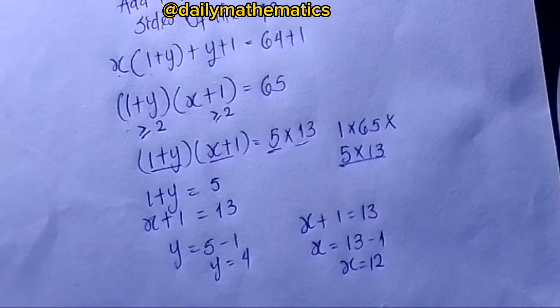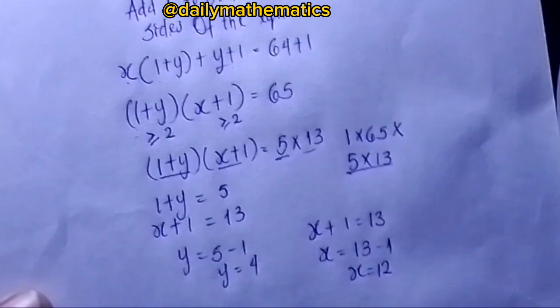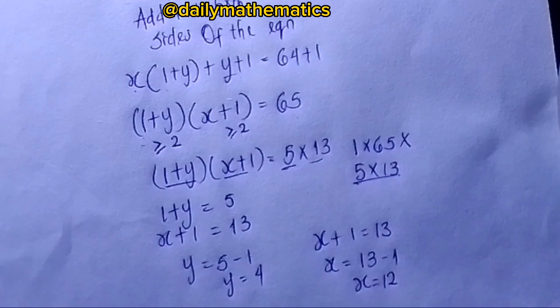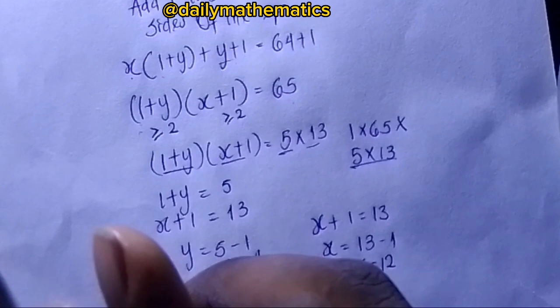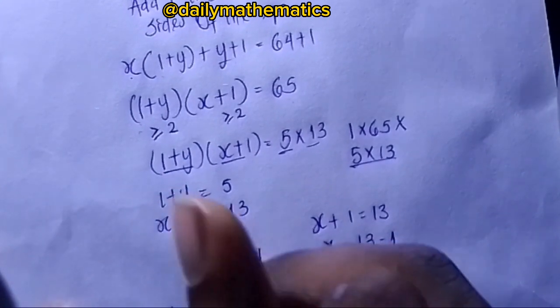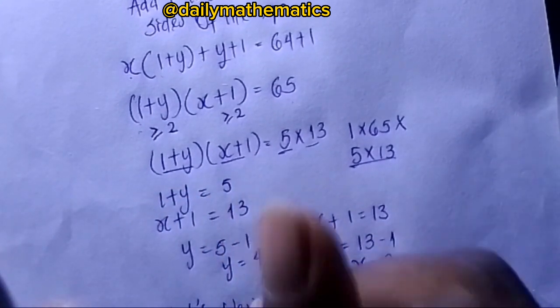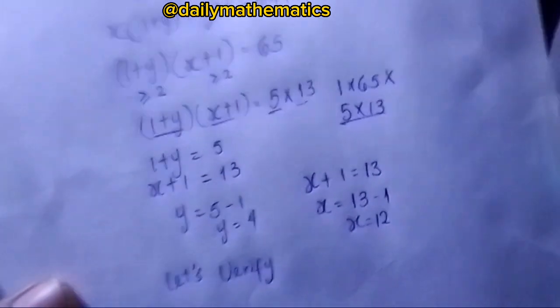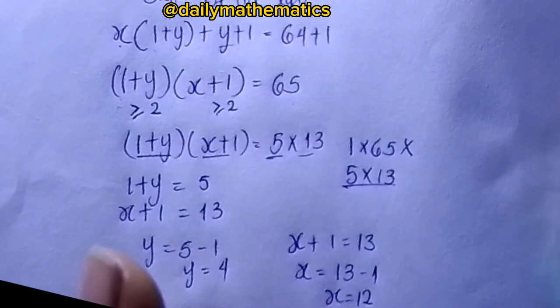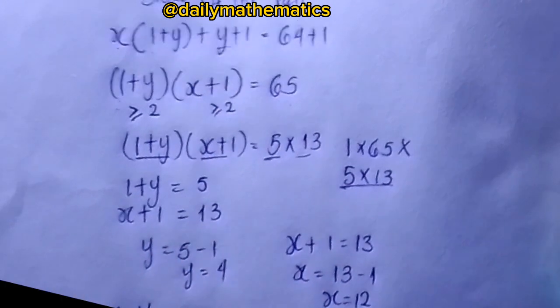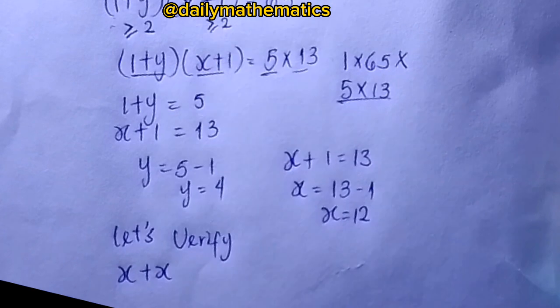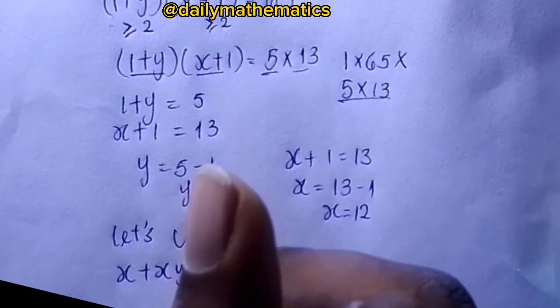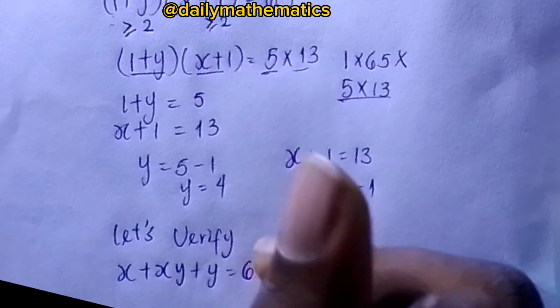Now, the question says find x and y and then add them together. First, let's verify our answer. We are given x plus xy plus y equals 64.